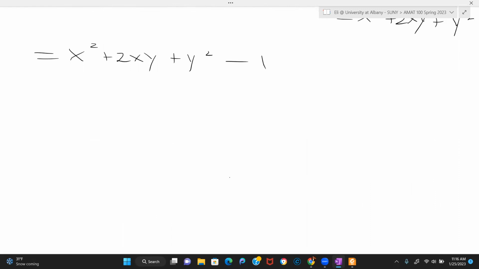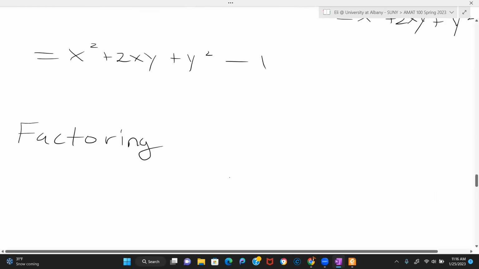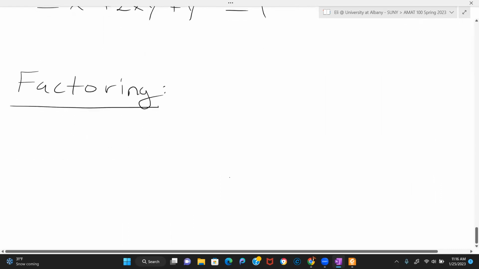And if you're unsure how a given factorization works, you can just FOIL it, just undo it to see if you get the answer back. So we're going to look at factoring now. So let's just look at the difference of two squares formula.